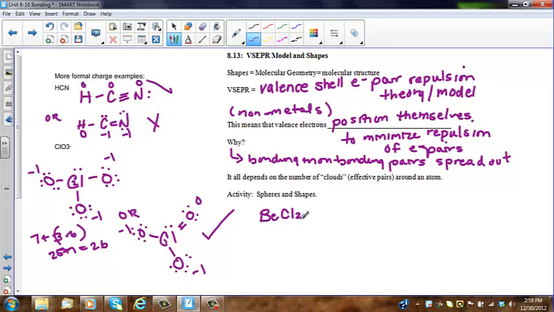So you know that each chlorine's got 7 valence electrons, and beryllium has 2 electrons as well that it would like to give up. So basically what happens, this is pretty easy, you've got Be in the middle and you've got Cl on either side.